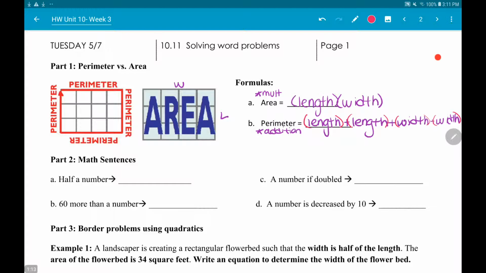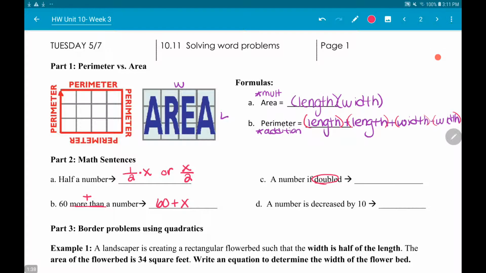All right, so let's quickly review some math sentences. Half of a number, I could write that as 1/2 x, or some unknown, or I can write that as x divided by 2. 60 more than a number. More than means addition. A number doubled.